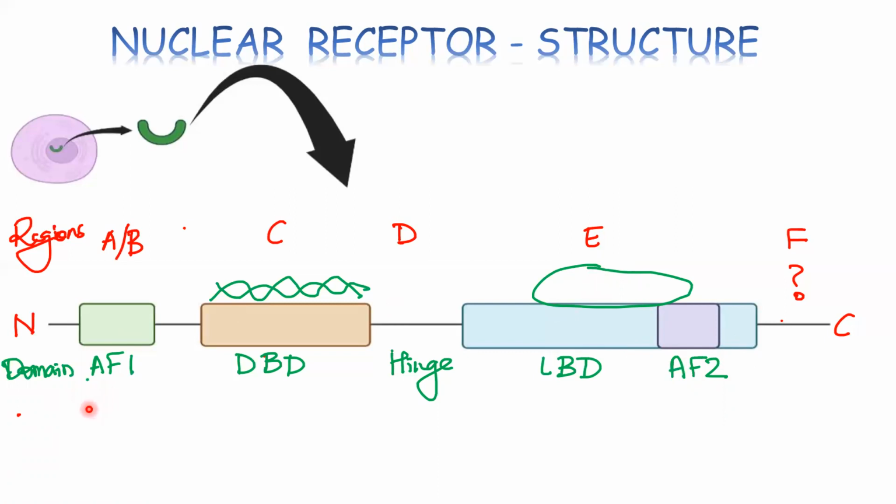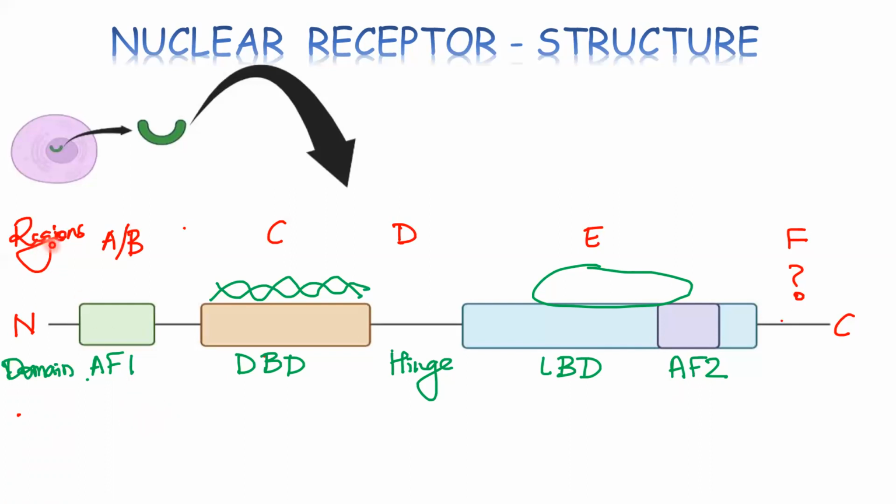AF1 has a regulatory function. It is not activated by any ligand. It is independent of any ligand, and that's the reason why it is not present at the LBD region. AF1, on the other hand, is recognized by many regulatory molecules, and that is the reason why it is going to function properly.